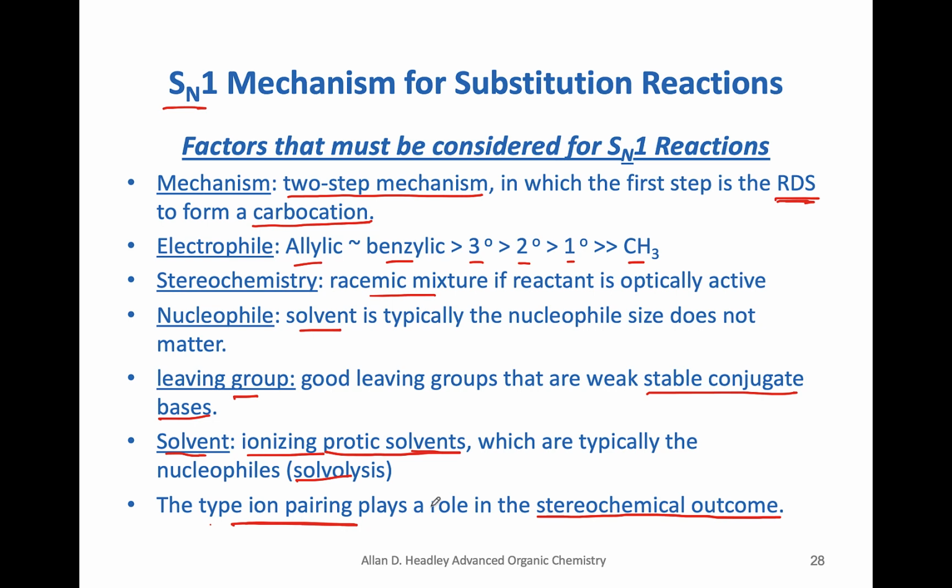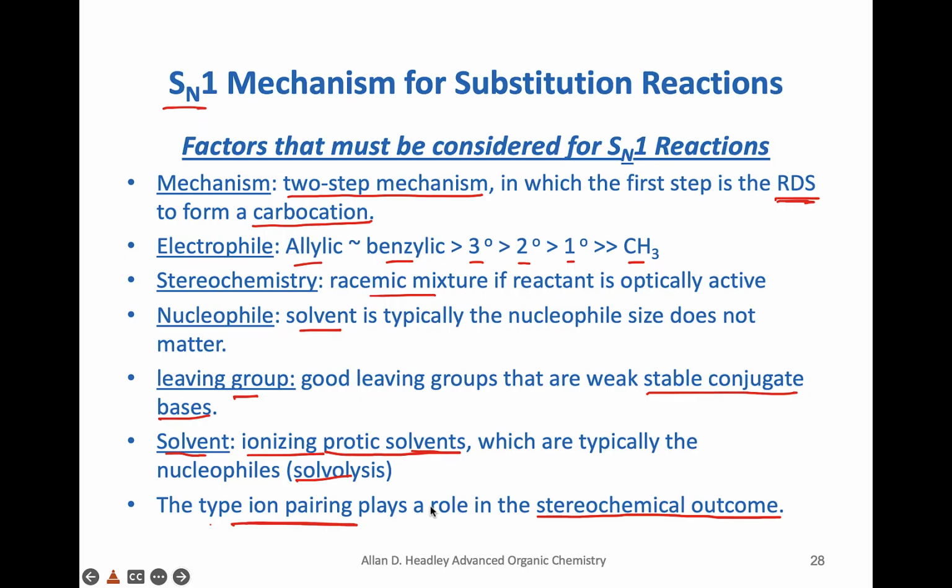Then we have the solvent separated, and lastly we have the free ions, which gives, of course, as we said earlier, the racemic mixture. I think that's the end of this lecture.